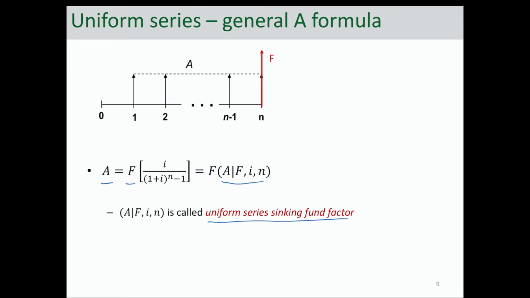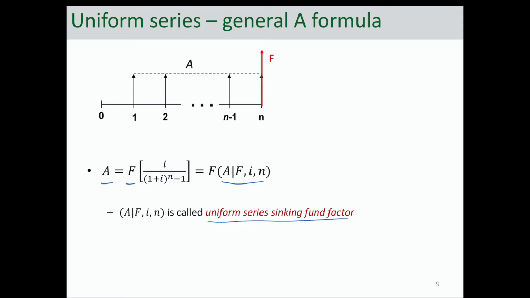A sinking fund is a fund into which you make uniform series of money deposits to accumulate a desired future sum by the end of any year. And that's why it's called sinking fund factor.